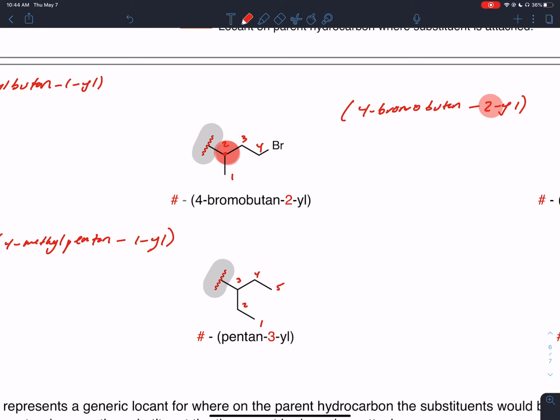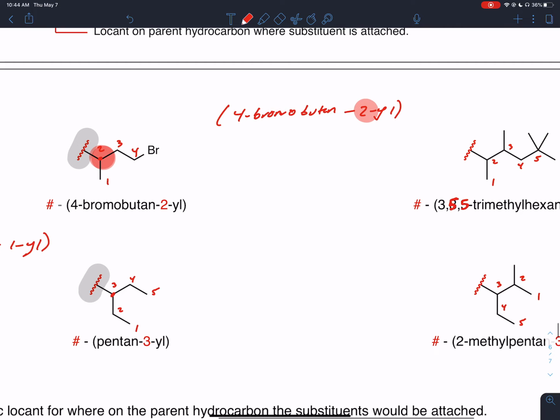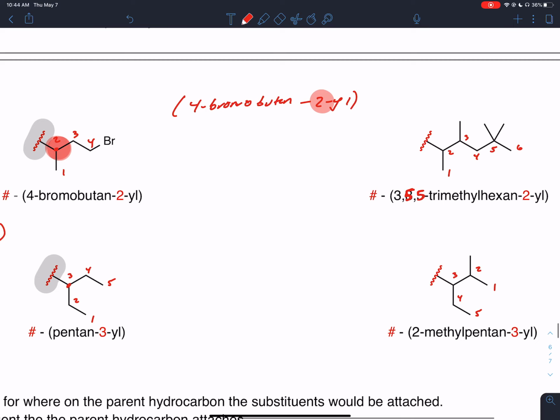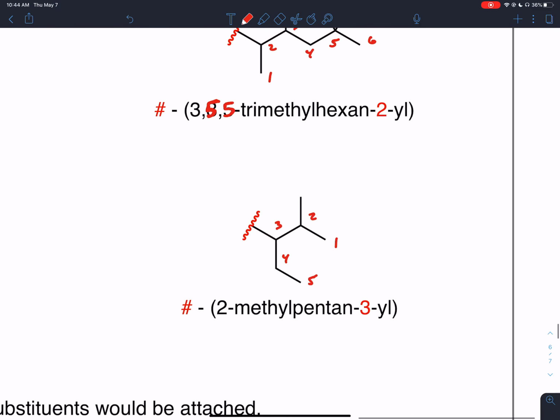The example below, we have a 5 carbon chain. Okay, now because this is going to be numbered in either direction to give the position of free valence the 3, it technically doesn't matter which way we number this. However, let's look at the example to the far right, which is just a little bit different, right? We have a methyl group now. Now there is a correct directionality, because either way we number this, in this direction or in this direction, we are going to give the position of free valence the locant 3, okay?